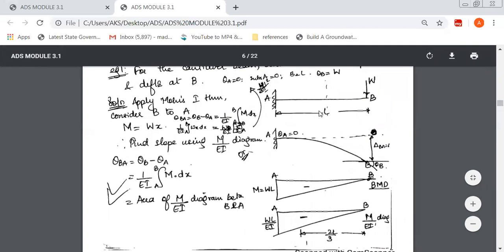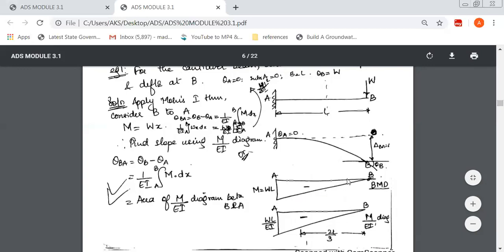According to sign conventions, on the RHS, a clockwise moment is always negative. That's how I've shown it here, negative. The maximum ordinate will be at A, that is force W into L. So this is the 0 ordinate, this is the maximum ordinate, and you just have to draw a linear line.